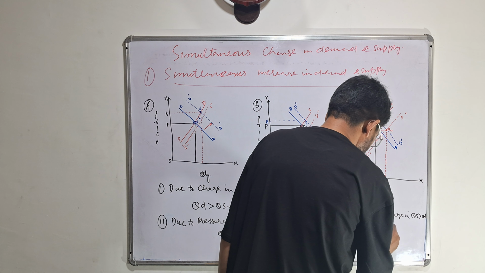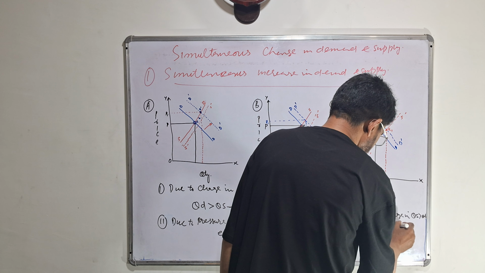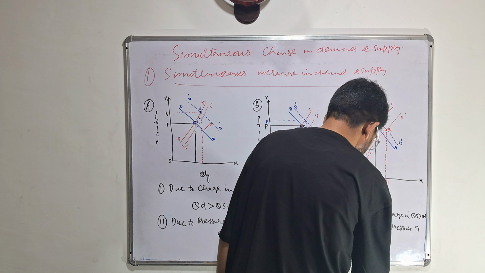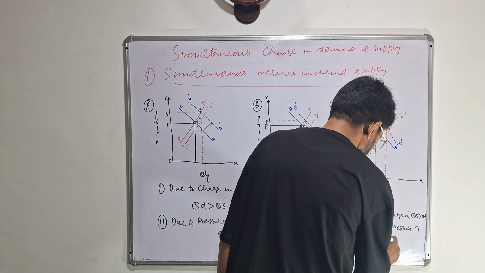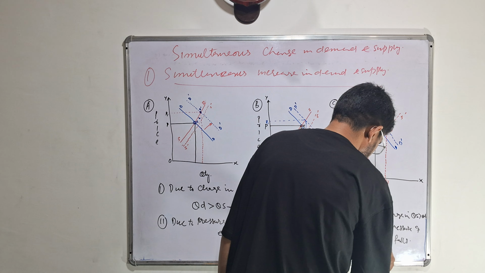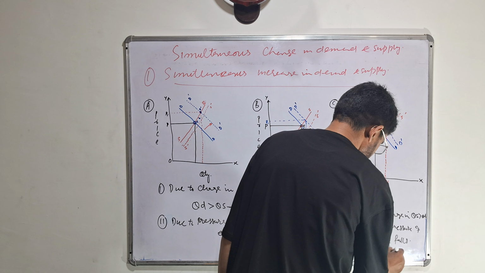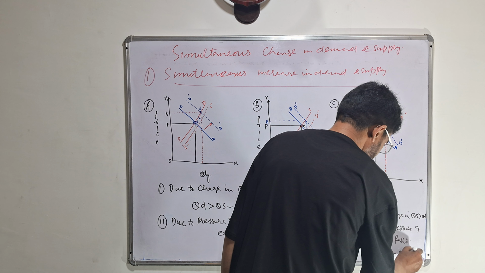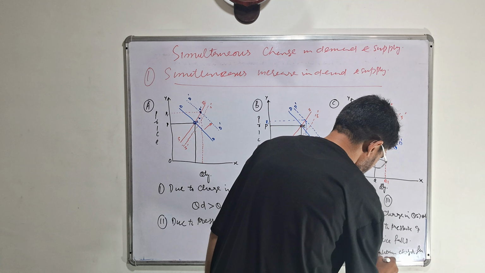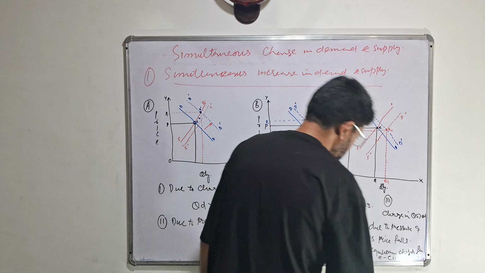This means that due to the pressure of quantity supplied, price falls. Equilibrium changes from E to E1.